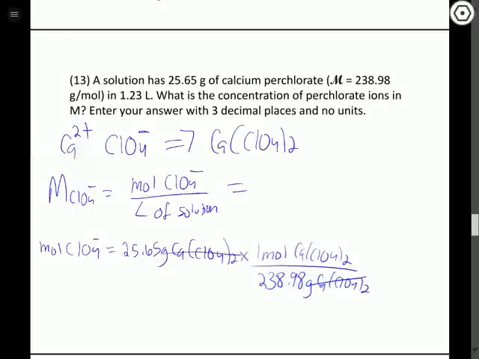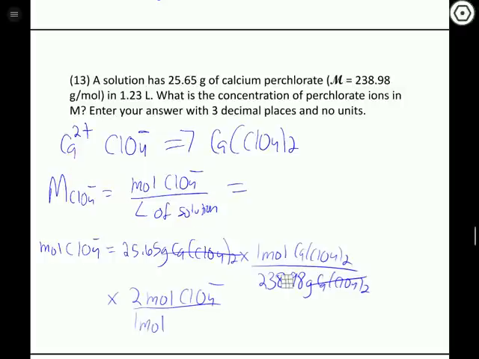But we have to be careful now because we're looking at the problem and seeing that it wants the concentration of perchlorate ions. This will just be the moles of the intact calcium perchlorate, and we should recognize that when this dissolves into solution, we're going to release 2 moles of perchlorate per 1 mole of calcium perchlorate, because there's a subscript of 2 after the perchlorate in the formula.